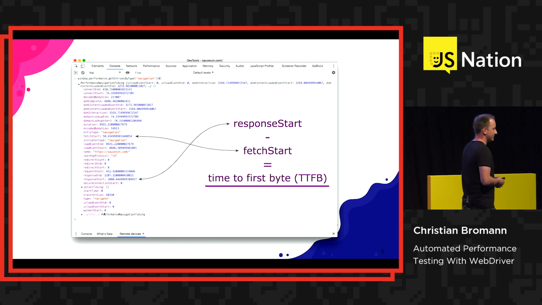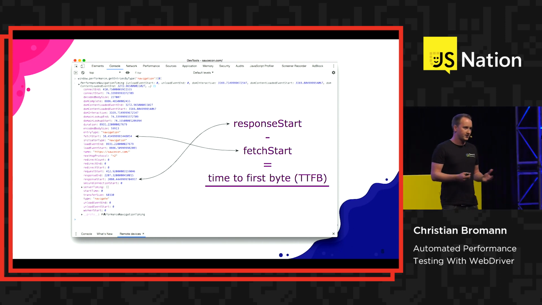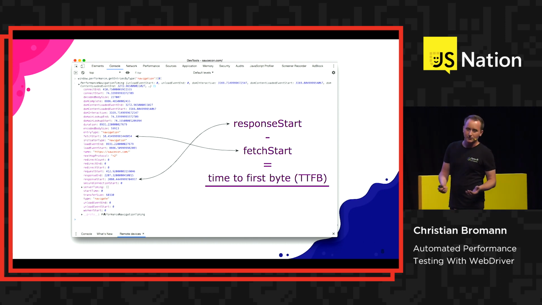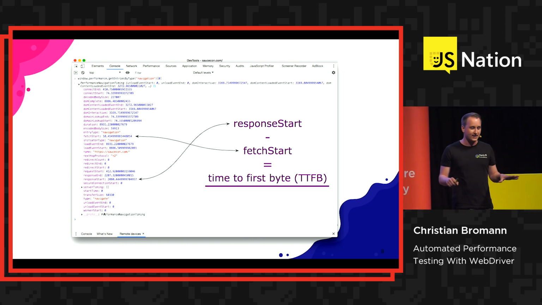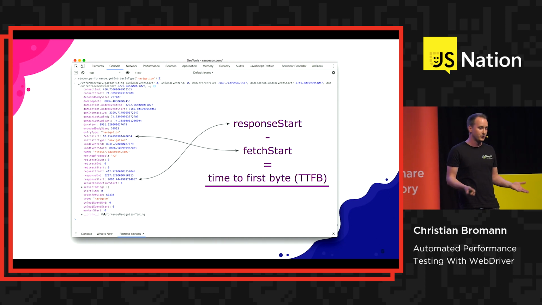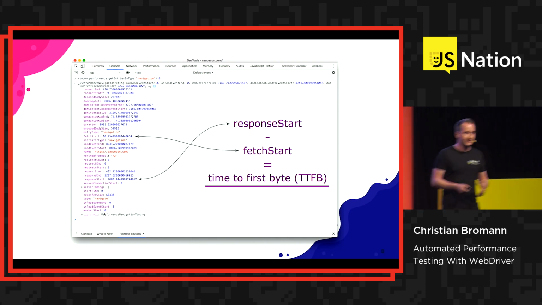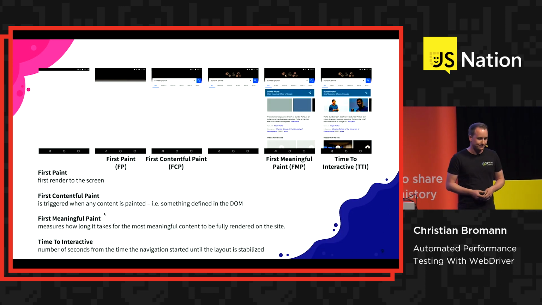And the reason why this metric is impactful is if your server doesn't respond, your browser is sitting there doing nothing, so nothing happens until the server responds and the browser can consume something. So if that metric is bad, every other metric that we will see in a second will also be bad.